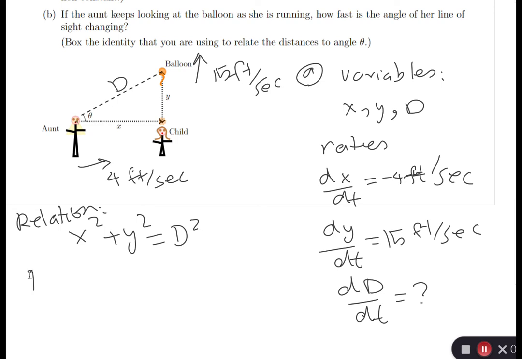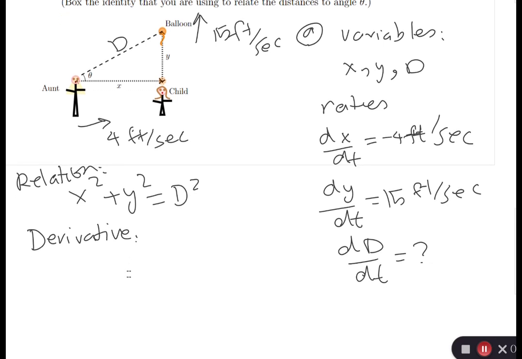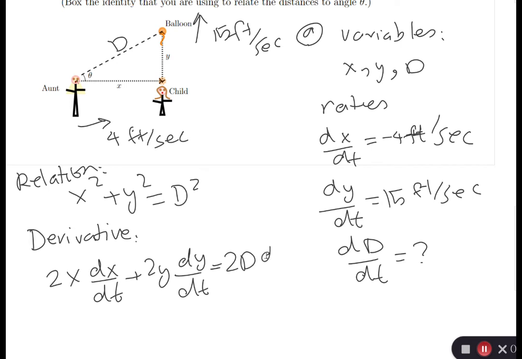Now take the derivative. The derivative of that is 2x times the derivative of the inside, dx/dt, plus 2y dy/dt equals 2d dd/dt.